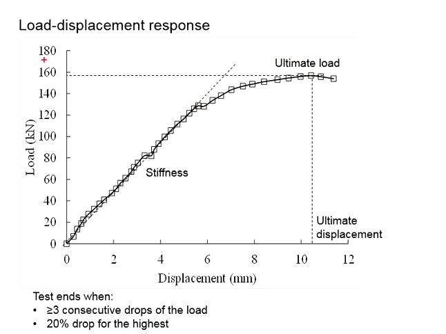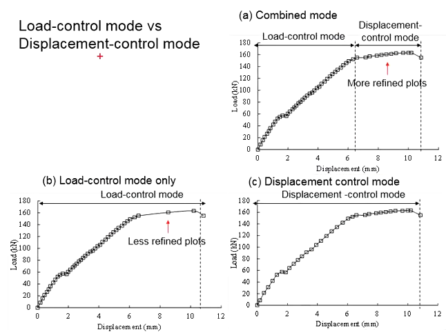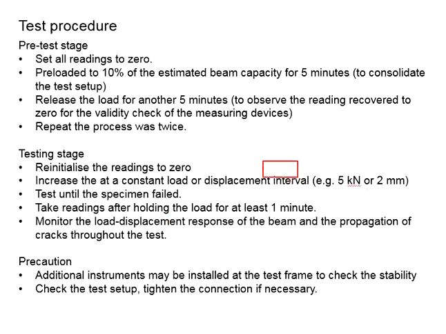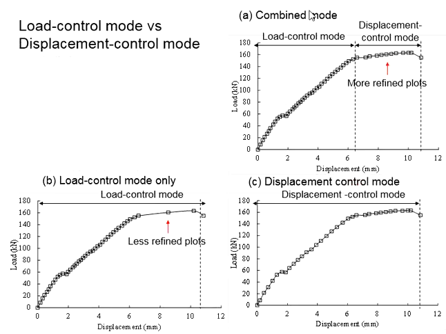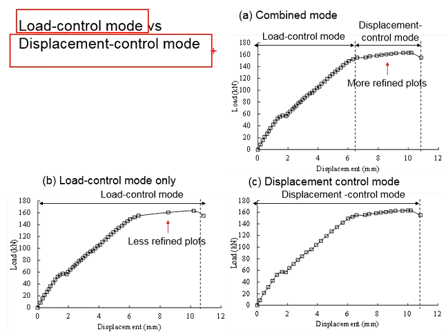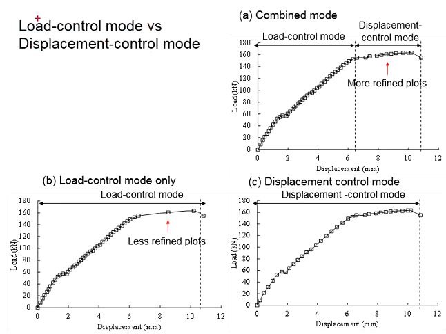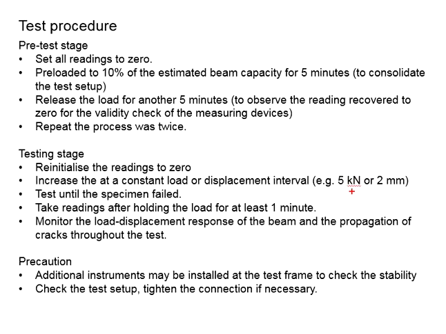In order to ensure a nice plot throughout the testing, you can swap between the load control mode and the displacement control mode for the load increment interval. What does it mean by the load control mode and the displacement control mode? The load control mode means that the increment interval is based on the load interval, for example, 5 kN load.